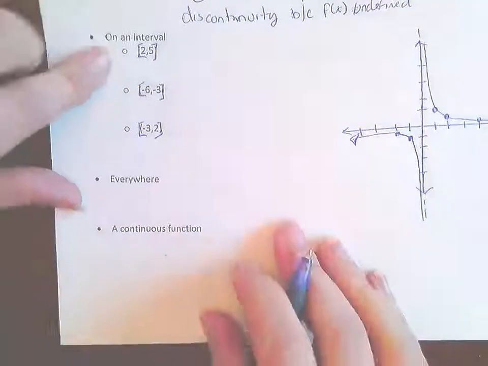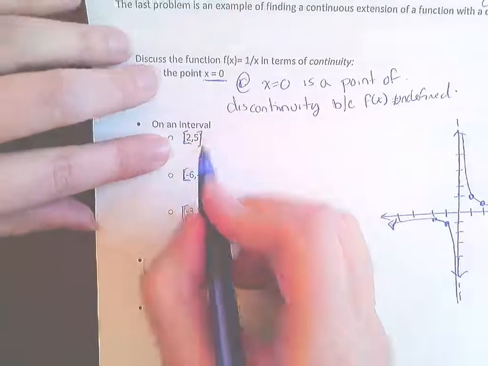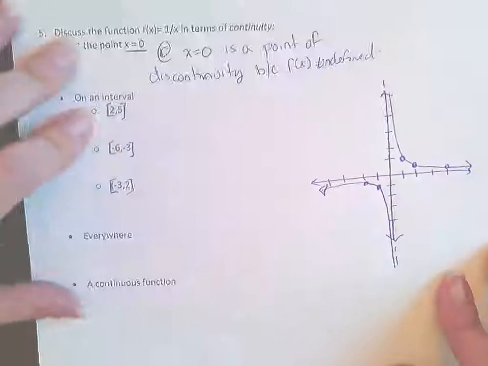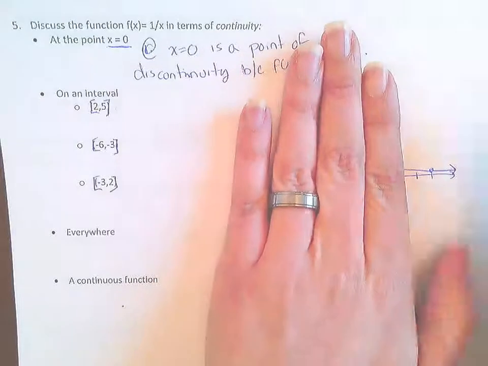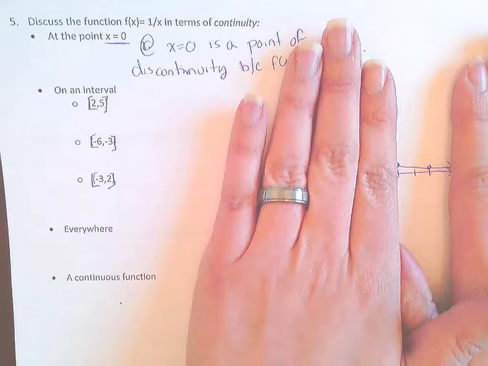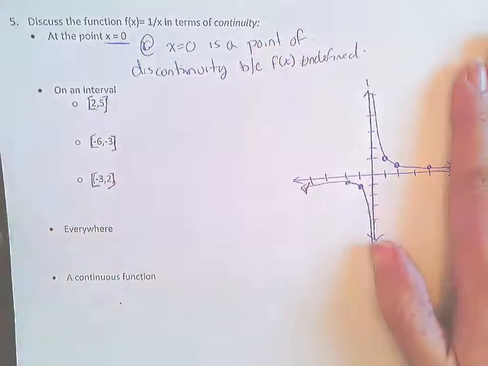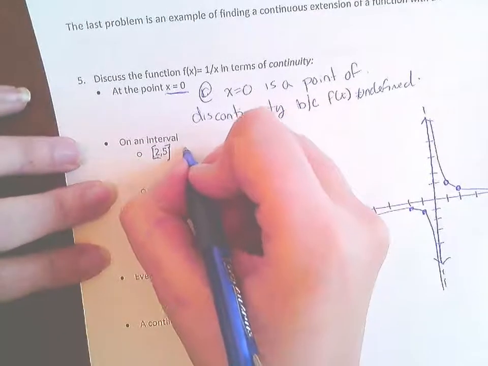Alright, so now the question is between 2 and 5, is the graph continuous? Do I pick up my finger at all in between those two points? Absolutely not. So between 2 and 5, the graph is continuous.